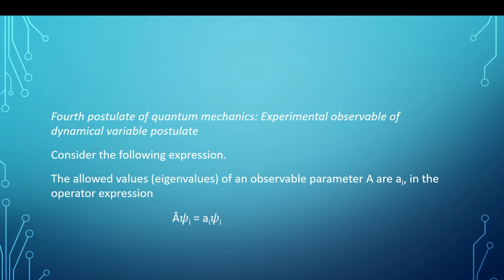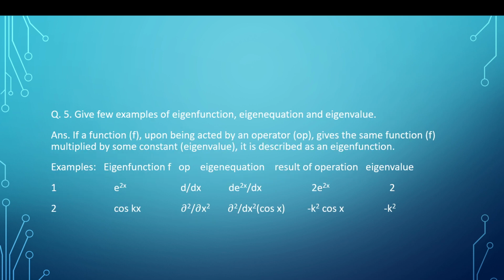Fourth postulate of quantum mechanics, that is, the experimental observable of dynamical variable postulate. Consider the following expression. The allowed values, the eigenvalues of an observable parameter A, are a i in the operator expression: operator A psi i equals a i psi i. Give a few examples of eigenfunction, eigenequation and eigenvalue.